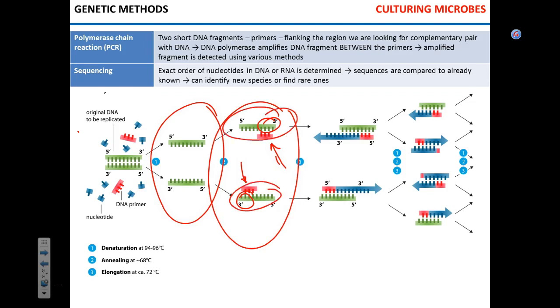And then we're going to put an enzyme there called DNA polymerase that will start extending each primer, completing a double-stranded DNA molecule. So basically what we're going to do, we're going to synthesize a DNA fragment that corresponds to the space between the primers.